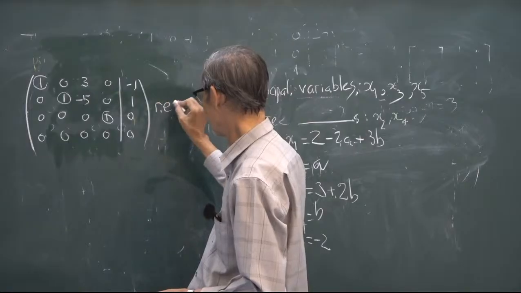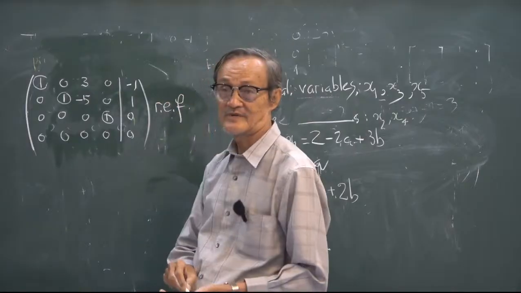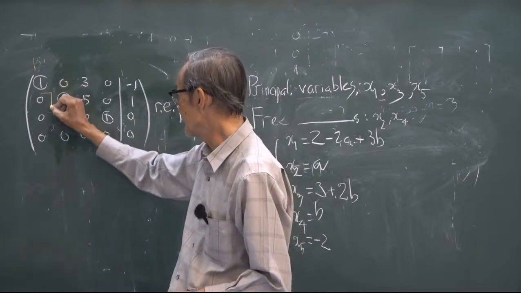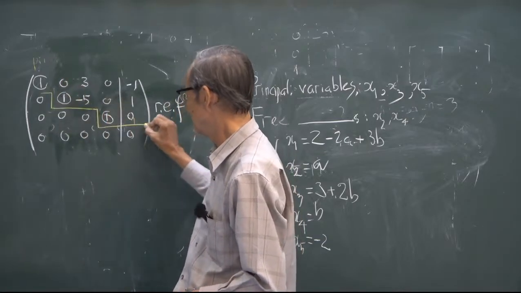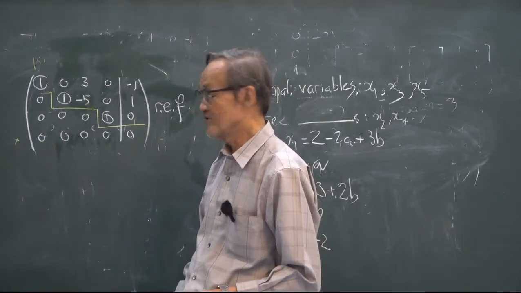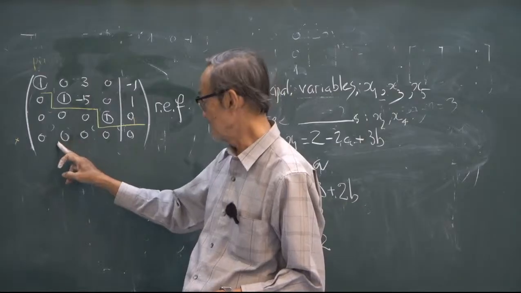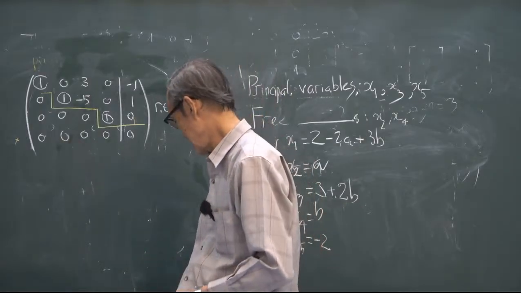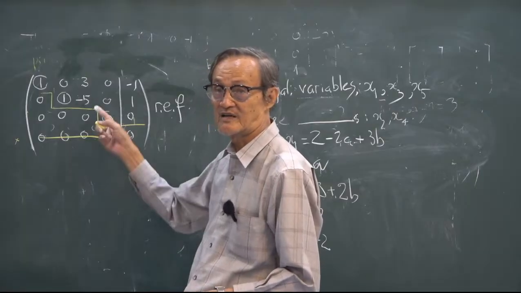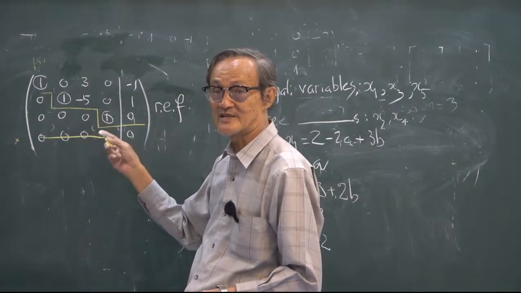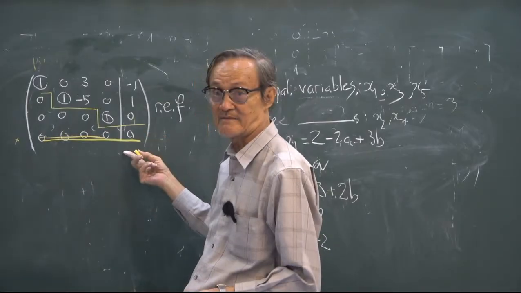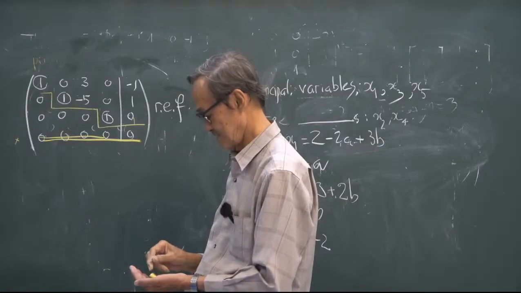Reduced echelon form. And row 4 is the 0 row of A, its elements are 0, and those of A upper bar are also 0.